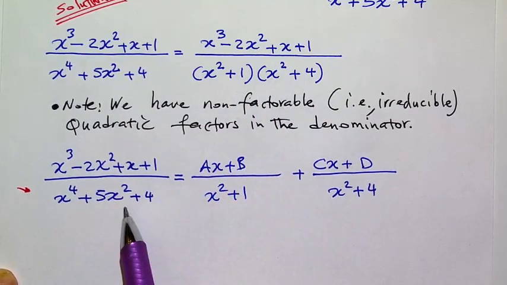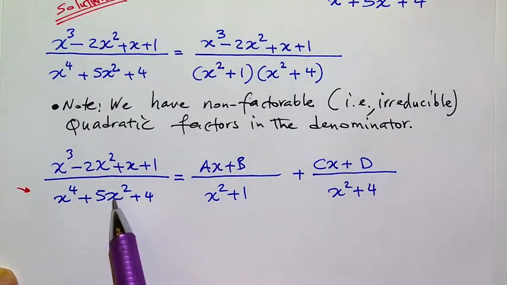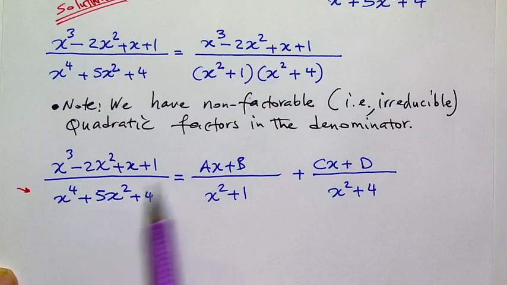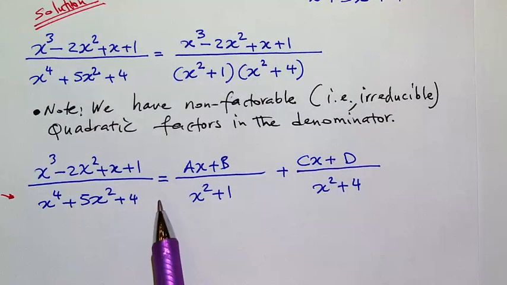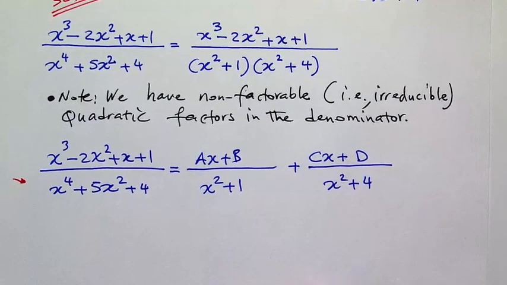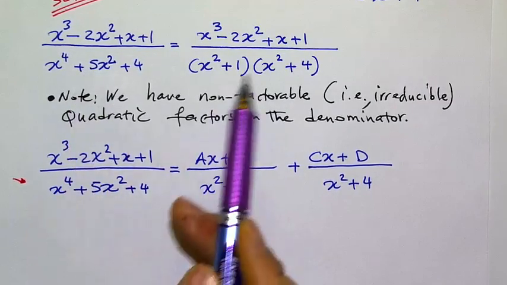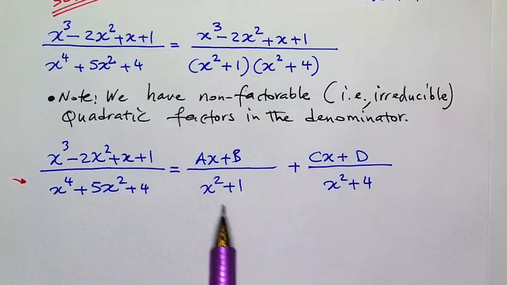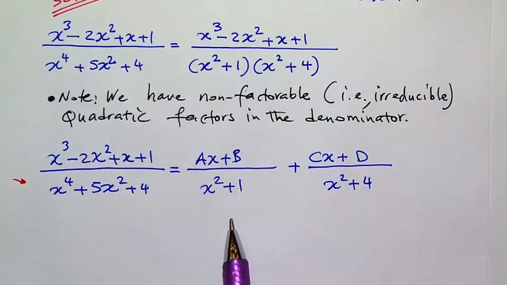Don't worry about it, because I'm recording the video and can't change it now. But when I go to my desk, I will replace this with these two factors. So I will make that change when I finish the video. I'm just mentioning it now so you know once we factor this, we won't go back to this. We have to start with that factored form. That's why we have on the right side x squared plus 1 and x squared plus 4.